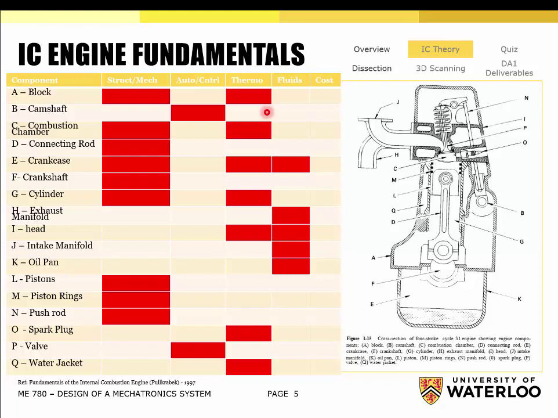Just understand that it's a complex system with a whole bunch of parts that interface with one another, and generally each part has a few categories of, let's say, design criteria that are associated with it. So some of them are highly structural mechanical, some of them are highly fluids and thermal, some of them are highly automation and control. And pretty much all of them are cost driven in a modern world where components need to be cheap so that people can purchase goods.